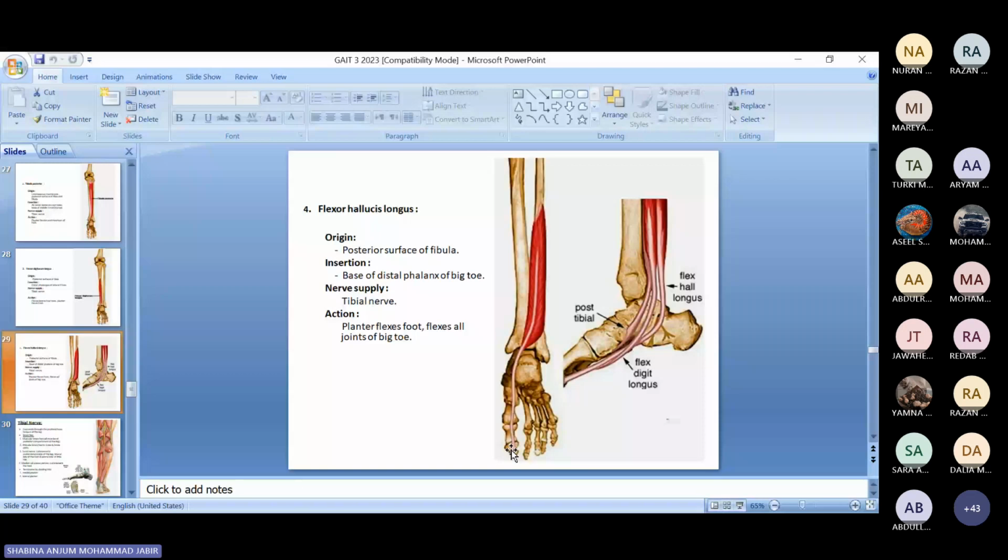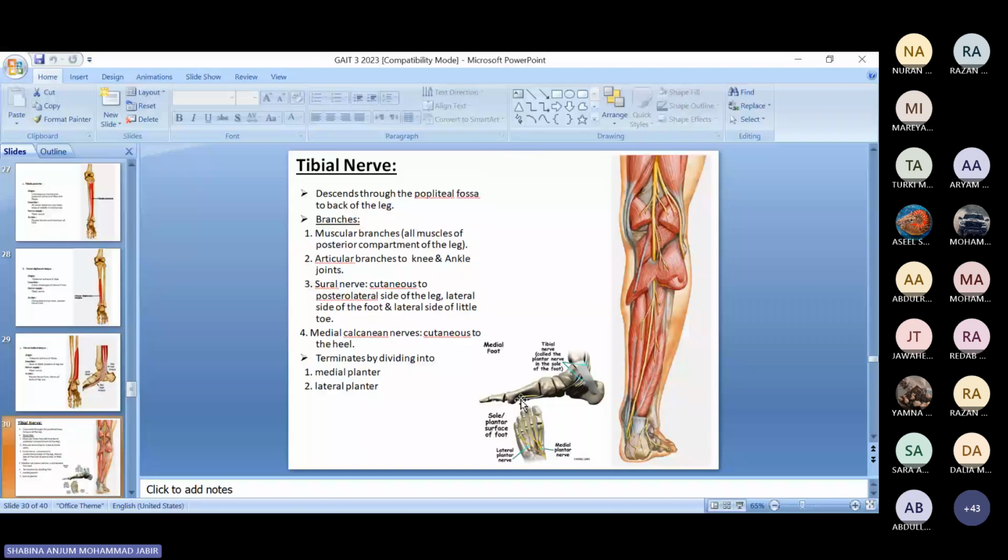So now we have the tibial nerve. We know it will descend through the popliteal fossa to the back of the leg. It is going to supply all muscles of the posterior compartment of the leg, and it will give branches to the knee and ankle. One of the important nerves is known as the sural nerve.